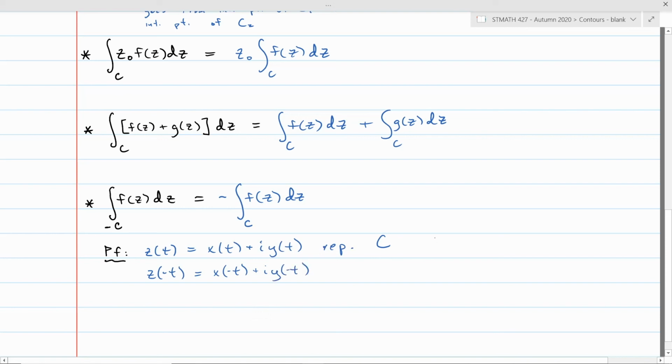And on the first one, z of t, I should probably say on the interval a to b. So this one is going to represent negative C on the interval from negative b to negative a.